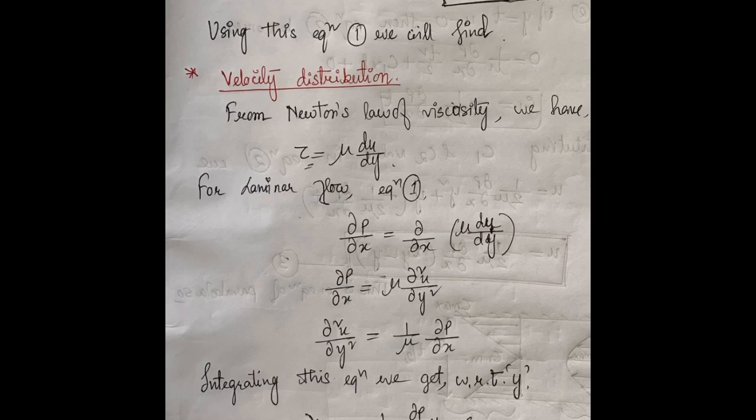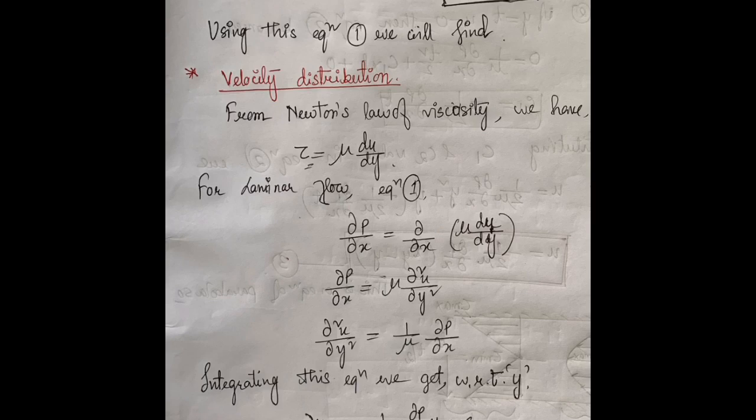I think all of you are familiar with Newton's law of viscosity, which is based on shear stress. According to Newton's law of viscosity, we have tau equal to mu du by dy.